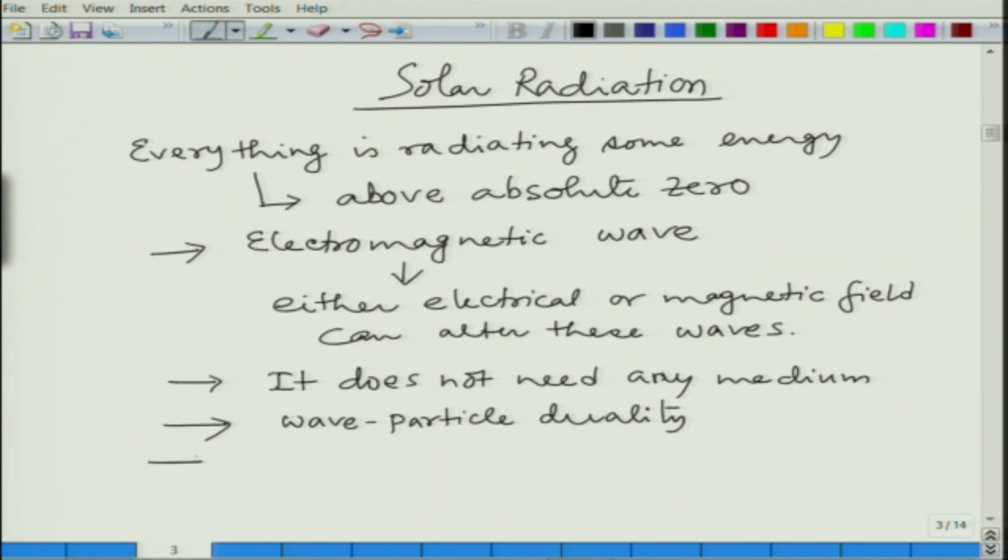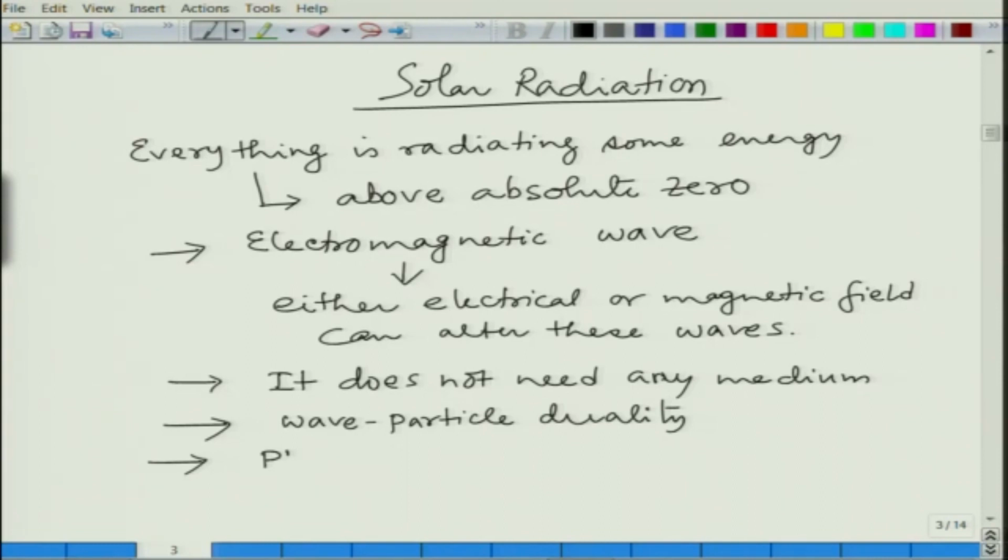So, what we can say about this electromagnetic wave which is coming in the form of solar radiation, we can talk about the photons, which are basically packets of energy, as if they act like particles. So, these photons which are packets of energy, as if they are getting emanated from the sun and going equally in all directions.